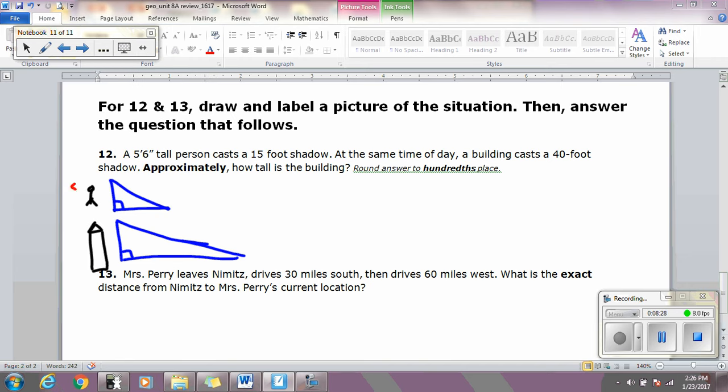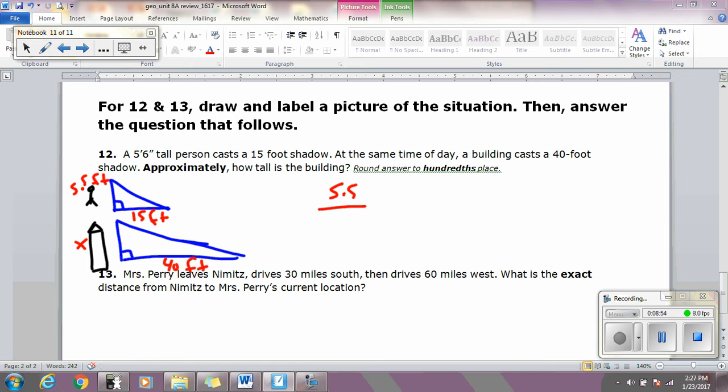So that's 5.5 feet. And the shadow of the person is 15 feet. At the same time of day, the building casts a 40-foot shadow, so I'll label the bottom of the second triangle 40 feet. And our job is to figure out the height of the building, so that's going to be x.